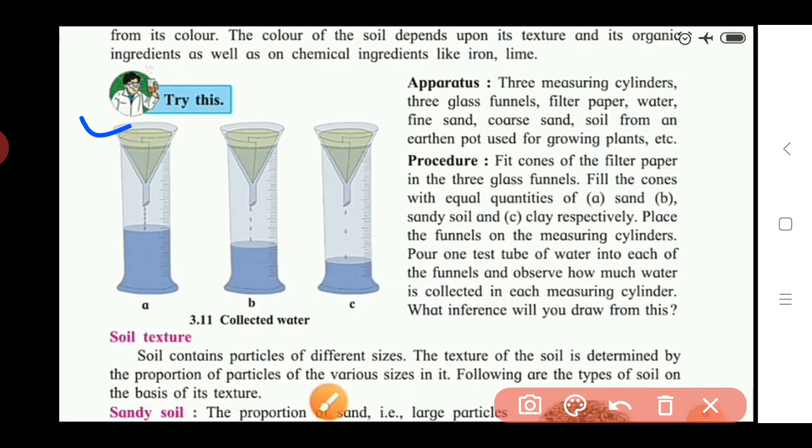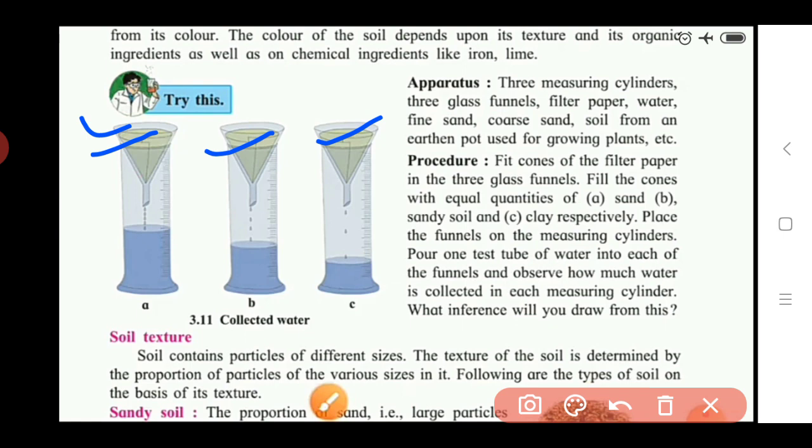So in all these three funnels we take these three types of soil. In the first one it contains sand, in the second one it contains coarse sand, and the third one contains clay, which is used for growing the plants.